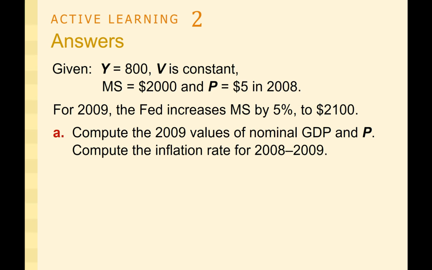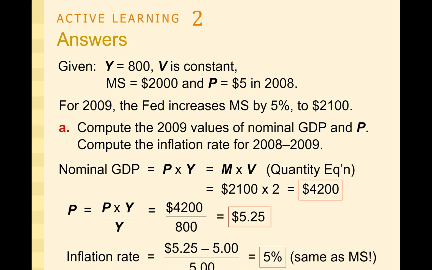So some interesting connections here. So let's go through this. You can start to find solutions here by using the quantity theory of money. If we know that P times Y is equal to M times V, we can use this to find the GDP for 2009 pretty easily, because we're told that in 2009 M is 2,100.